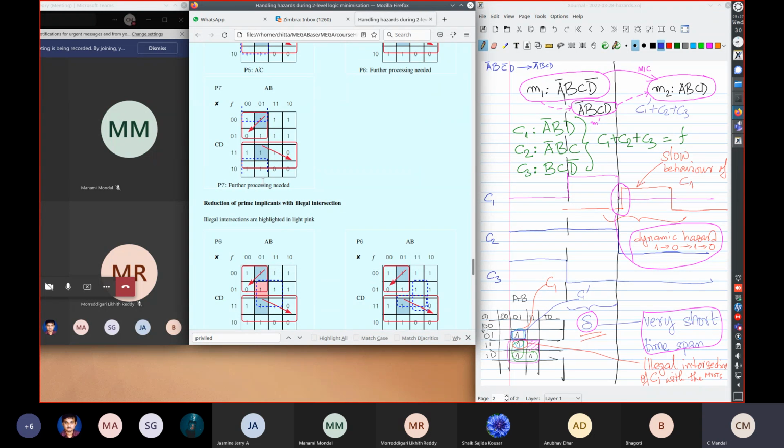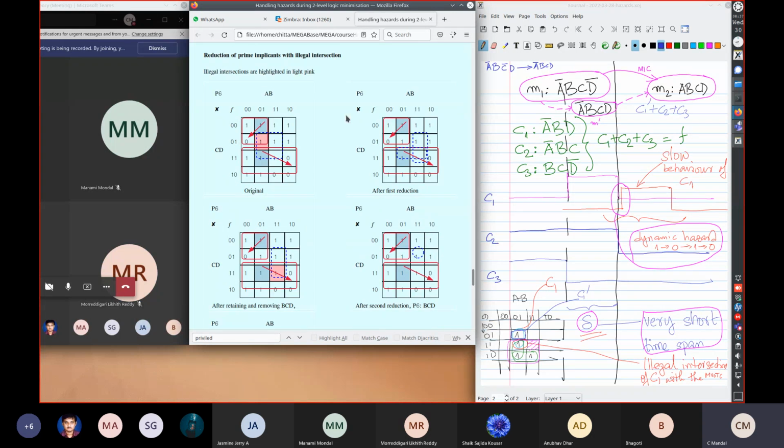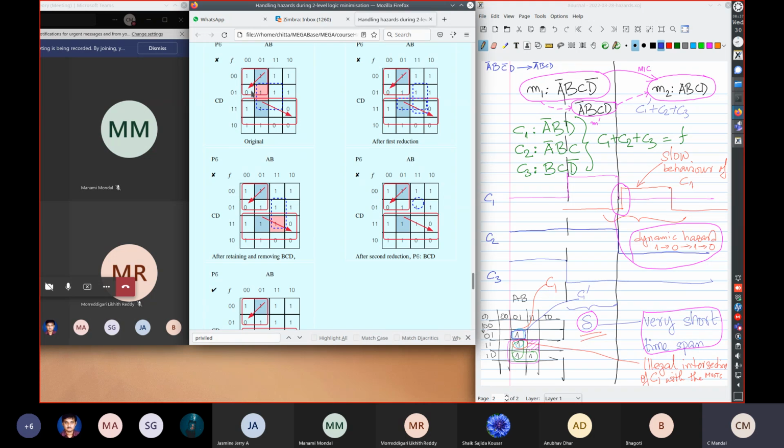So we need to examine this further. If you consider this cube, this one also has an issue. Over here, you have an illegal intersection. All right, so let us examine this part. So the illegal intersection is shown over here. So let us prune this out. If you prune this out, this cube is broken down into two parts.